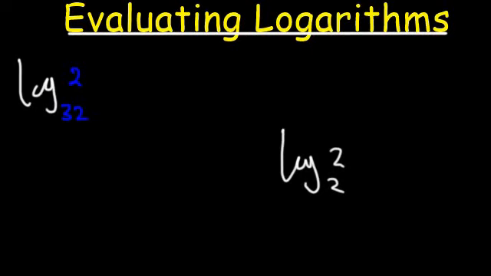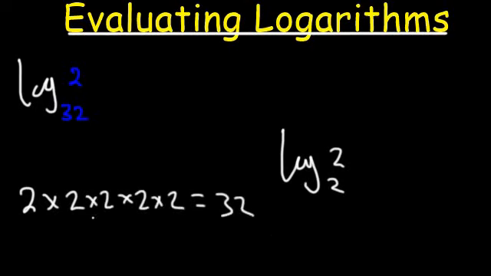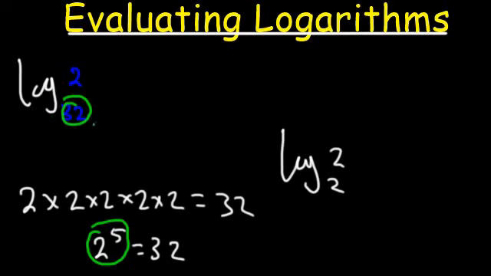In how many different ways can we multiply 2 such that it will give us 32? And notice that 2 in 5 places will result in 32. So in index form, 2 to the power of 5 is equal to 32. So just like before, let's replace 32 with 2 to the power of 5.